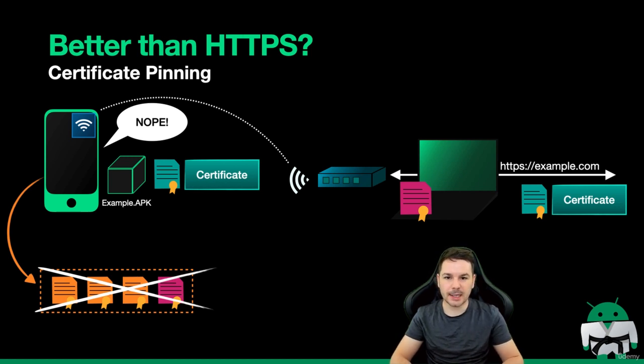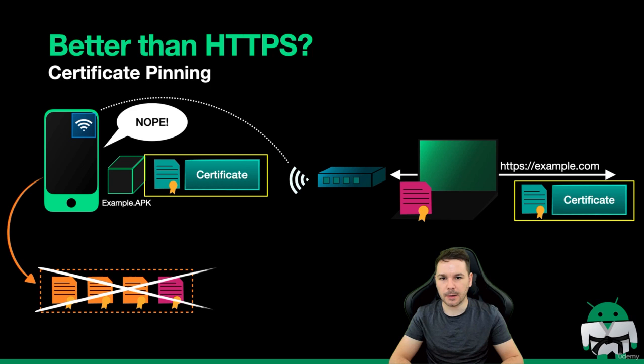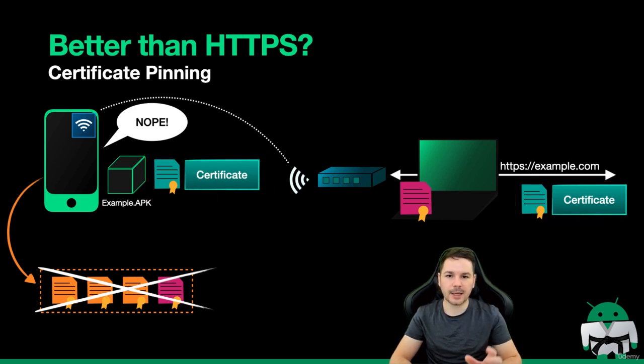If this certificate has been included into the application, then when the application makes an HTTPS request, it checks if the corresponding certificate of the endpoint matches this certificate. There are some key features in the certificate that can be verified and that cannot be faked by an attacker. So that's the first approach, how the developer can verify that the endpoint is really the server of the developer, not something sneaky like an attacker.